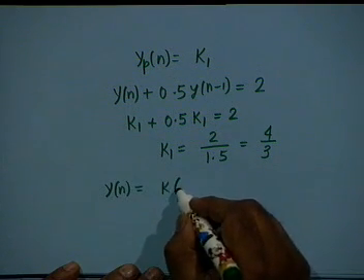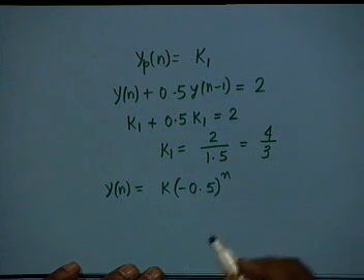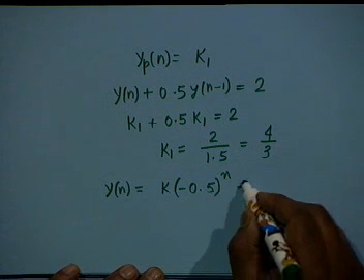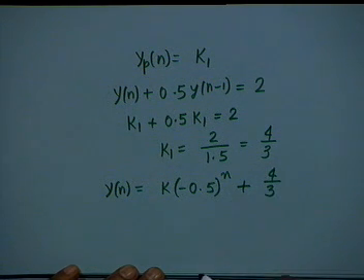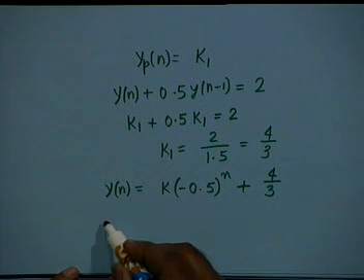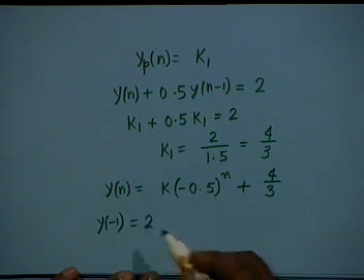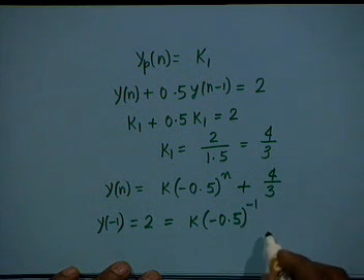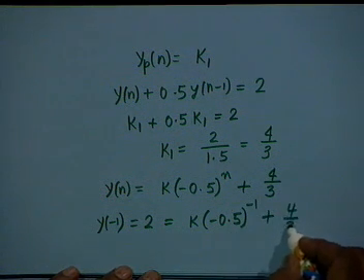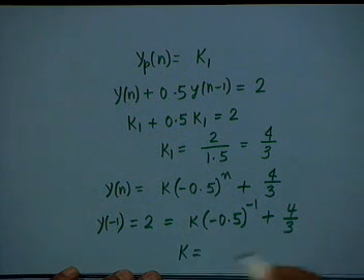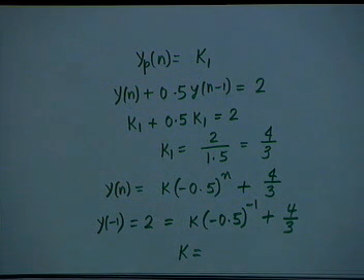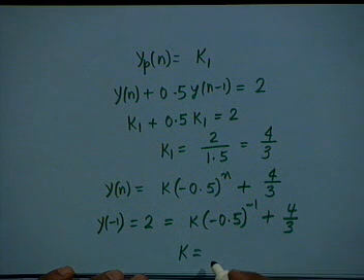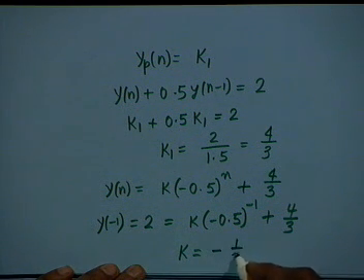All right. So what we do now is y of n is equal to k minus 0.5 to the n, the complementary function, and I add it to 4 by 3. Then I put the initial condition, that is y of minus 1 is equal to 2, equal to k minus 0.5 to the power minus 1 plus 4 by 3, and you can very easily show that k comes as minus 1/3.